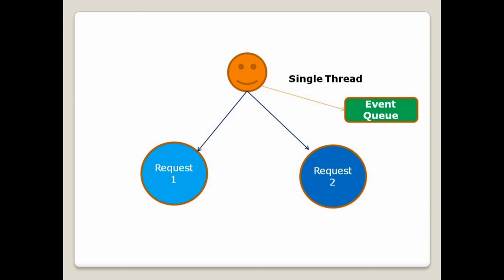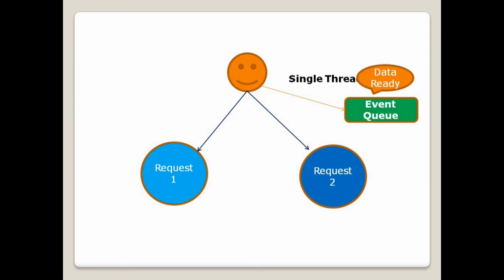Once it's informed that there is data in the event queue, the single thread will serve the request, in this case request 1. So this is how your single threaded Node.js application works.